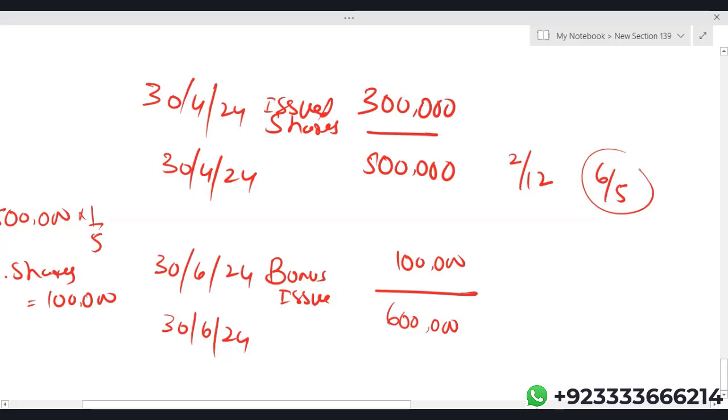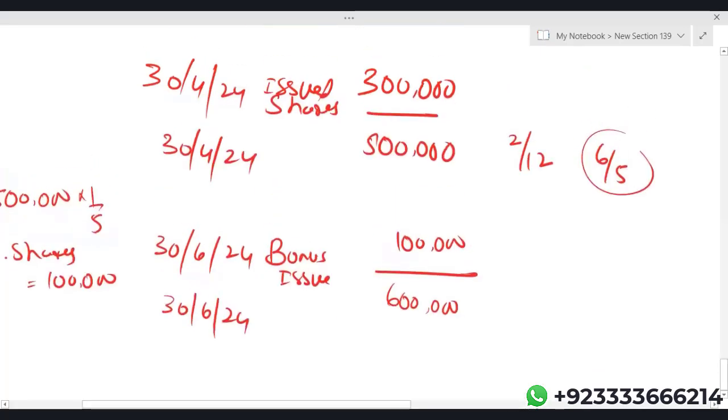Those shares already have the impact of the bonus.